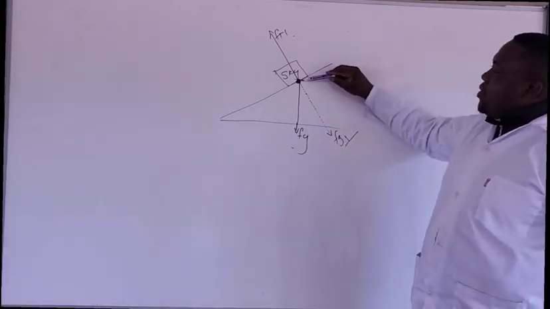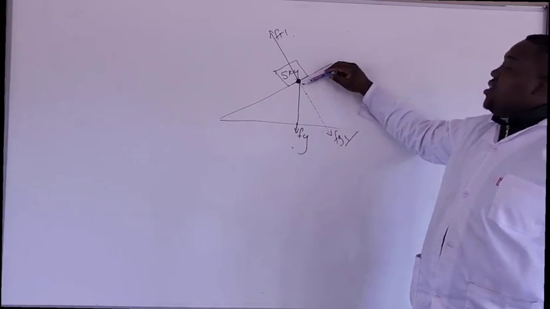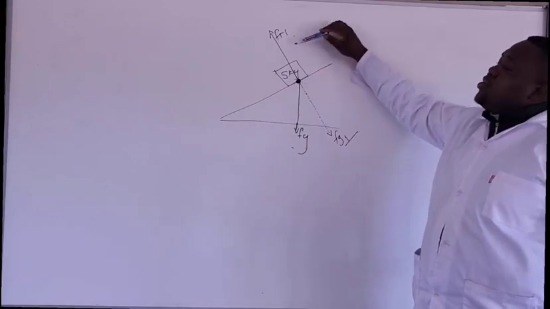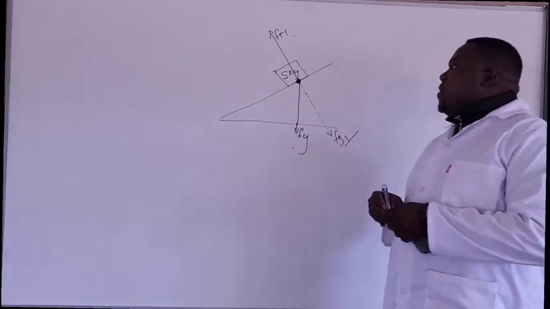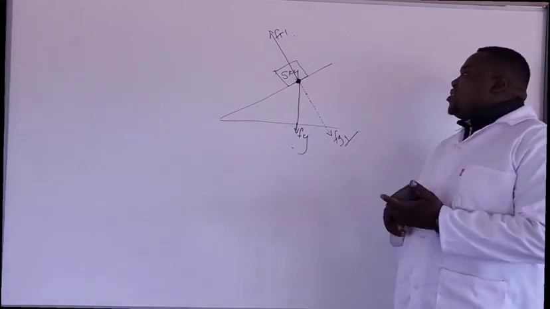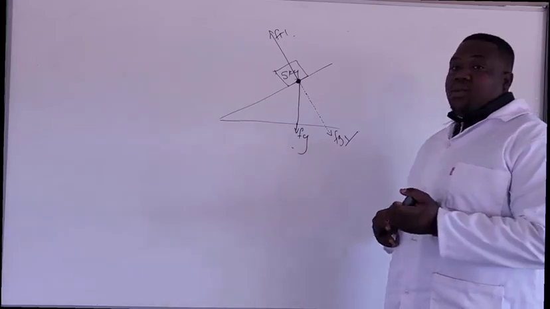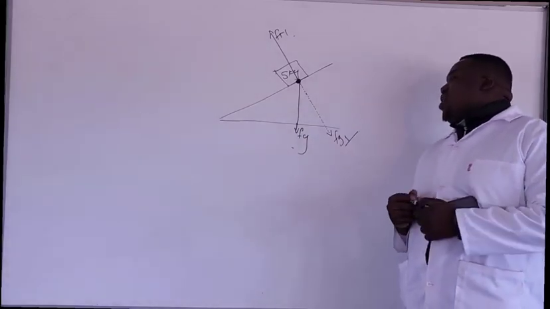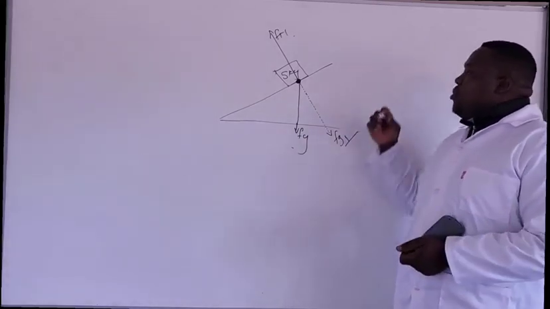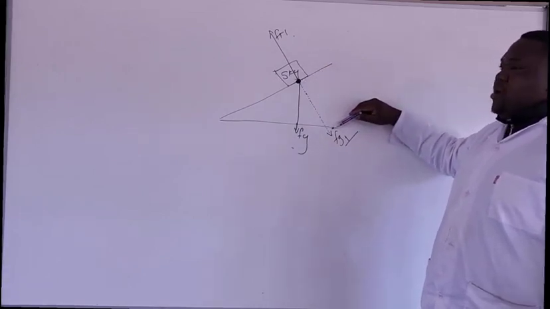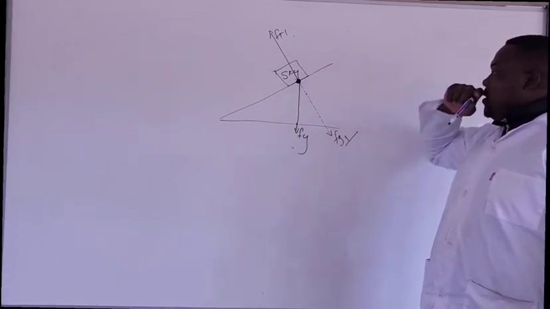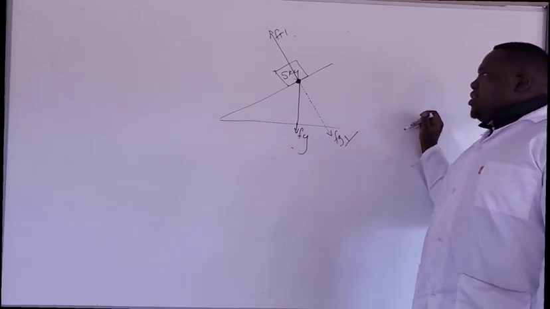Because it is perpendicular to the surface as it is continuous with the normal force. You know that a normal force is a force that a surface exerts and it is perpendicular to the surface. You understand? So Fg perpendicular is going to be continuous with the normal force and it will be perpendicular. That's why it's called Fg perpendicular.